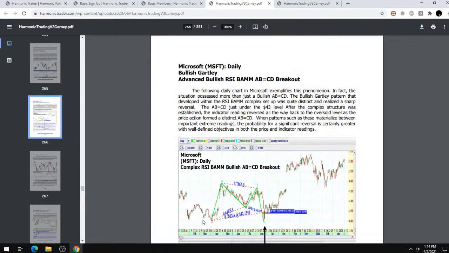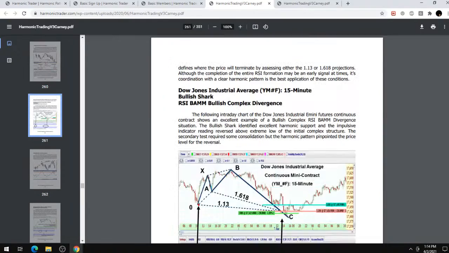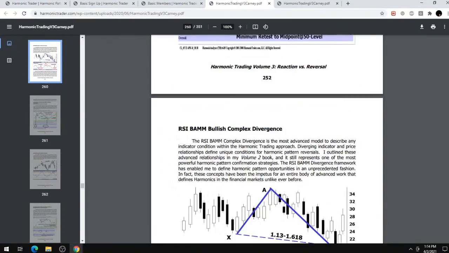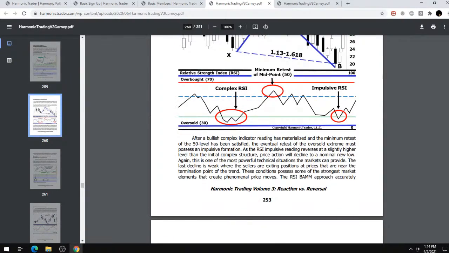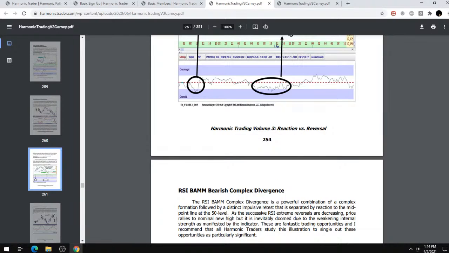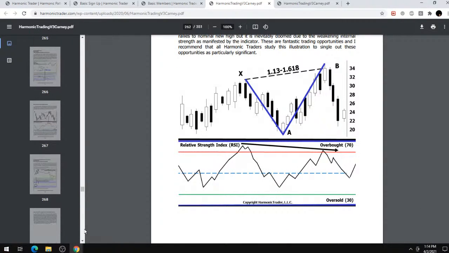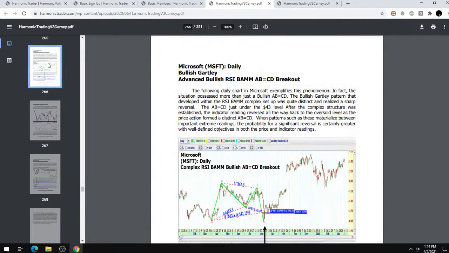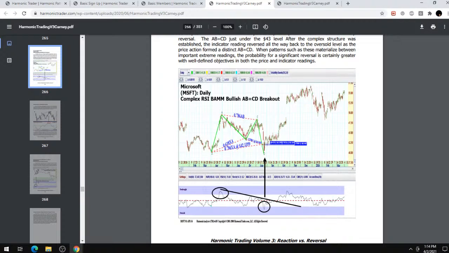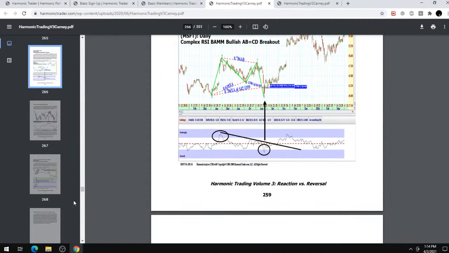That's highlighted on stuff like this. I mean, this is the example from the book. Here we go. So this is the simple variation of it, where we're looking for a bearish signal to precede it, an M formation.